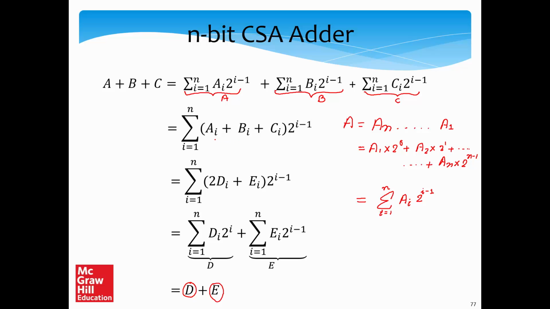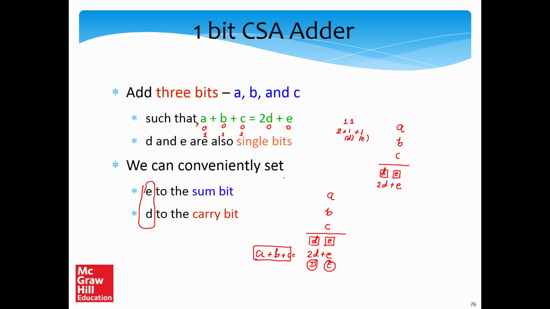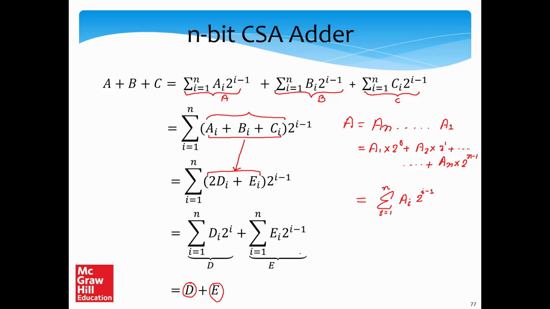Then we can group all the terms together as Ai plus Bi plus Ci and multiply them with 2 raised to the power i minus 1. What we have seen in the previous result for 1 bit, this can be expressed as (2 times di plus ei) times 2 to the power i minus 1. This is something that we have seen here, so we can do the same: the sum of 3 bits is the same as the sum of two numbers. We saw this in the previous slide, slide number 76, so I'm not repeating it.